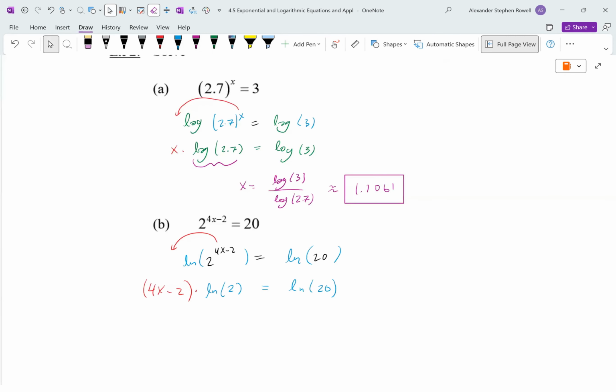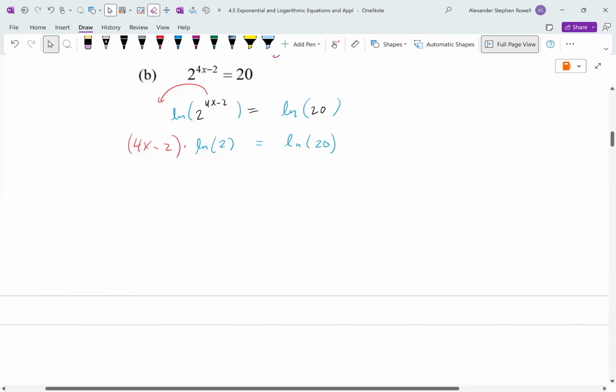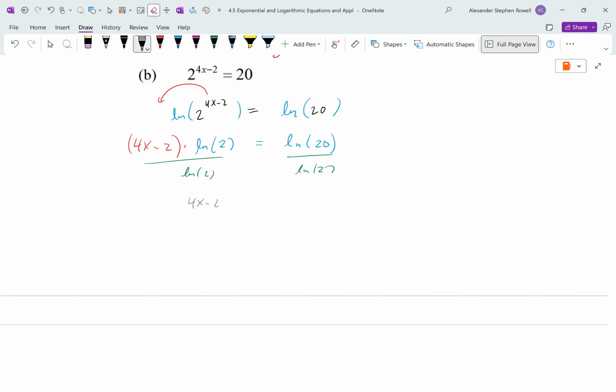We want to get x by itself. What should we do? Divide by natural log of 2. 4x minus 2 is equal to natural log of 20 over natural log of 2. We'll add 2 to both sides. Natural log of 20 over natural log of 2. And divide by 4.